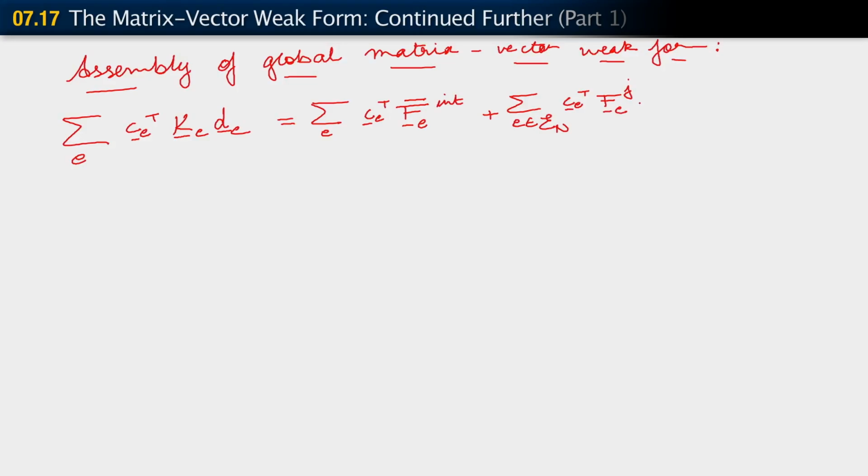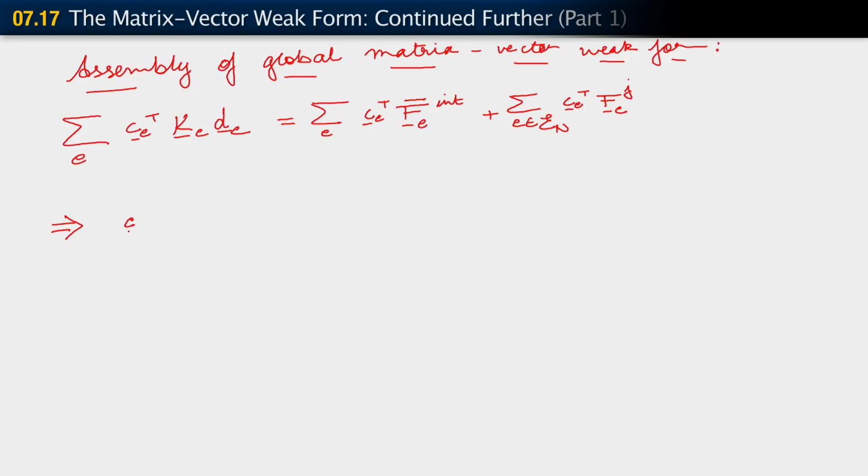Right, we have this. Now, this will be replaced, as we know, with a set of global vectors and matrices, which I'm going to write now as follows.